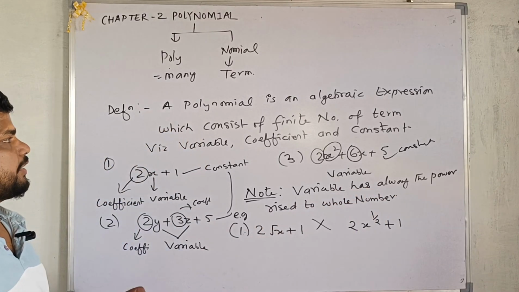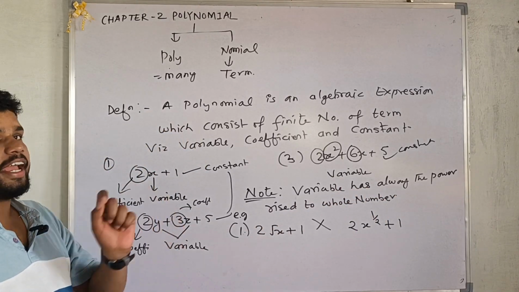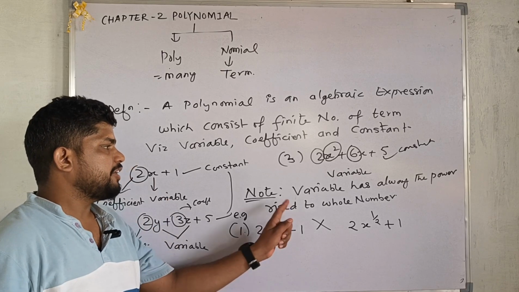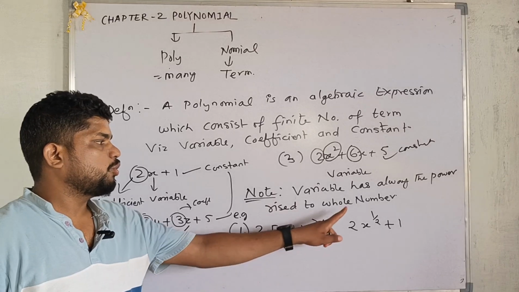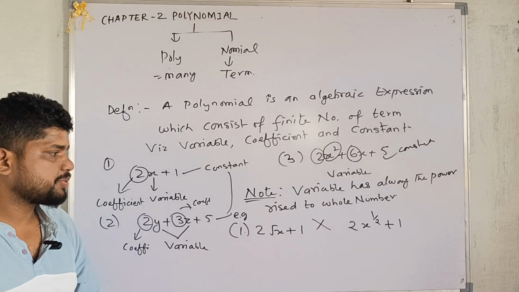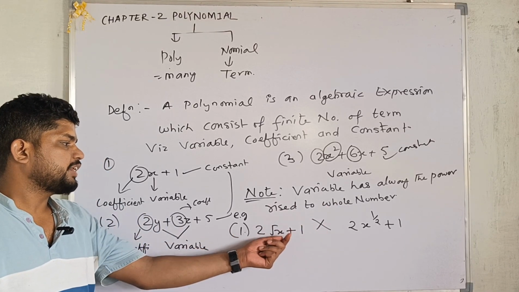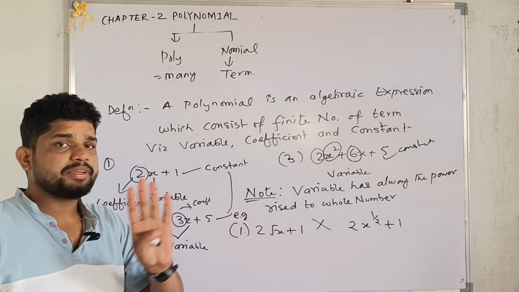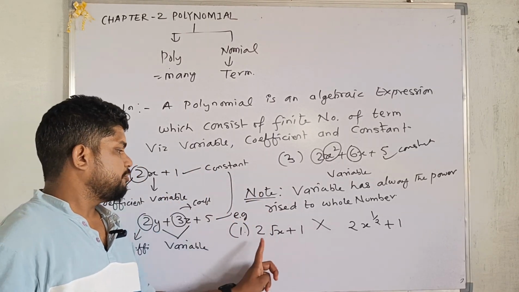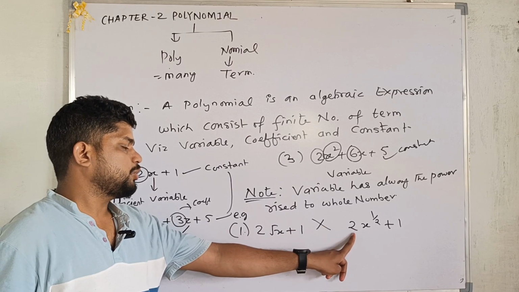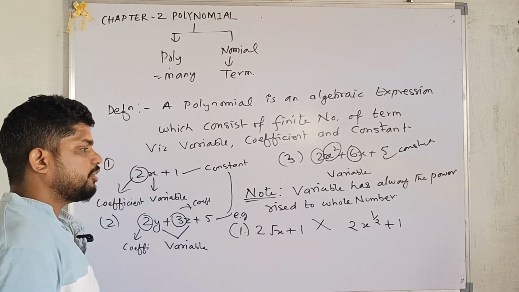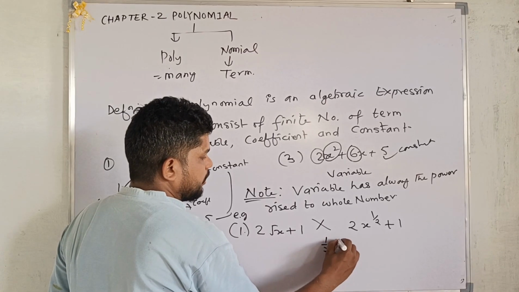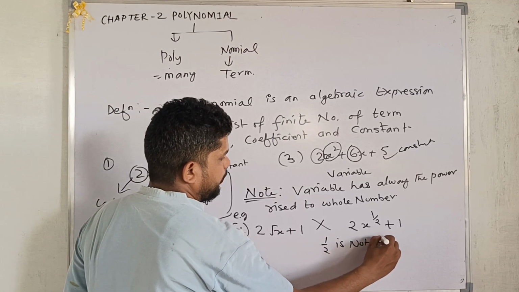That means for any algebraic expression, if the variable does not have the power raised to a whole number, then it is not a polynomial. Here 2 root x plus 1 is not a polynomial, because we can write this as 2 into x to the power 1 by 2 plus 1. Here 1 by 2 is not a whole number.